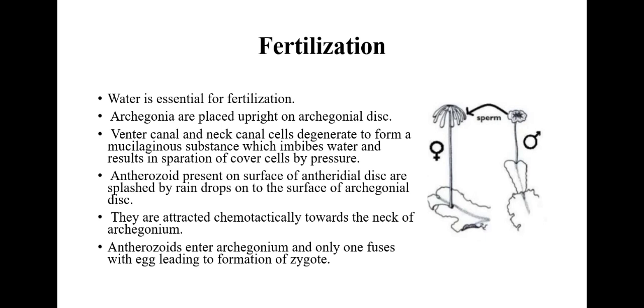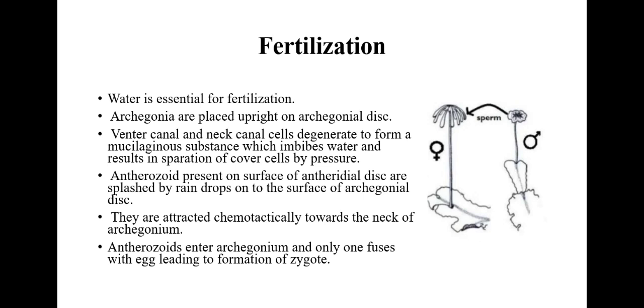Now we'll discuss fertilization. Water is essential for fertilization. Archegonia are placed upright on the archegonial disc, and the ventral canal and neck canal cells disintegrate and form a mucilaginous substance which imbibes water and results in opening by pressure.